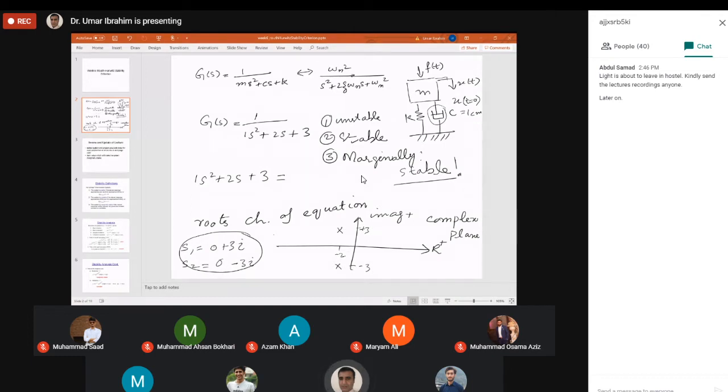If the poles have positive real values, then the system is unstable. If the poles have negative real values, then the system is stable. If the poles are only 2 in number and they have 0 real values and some imaginary values, then the system is marginally stable.